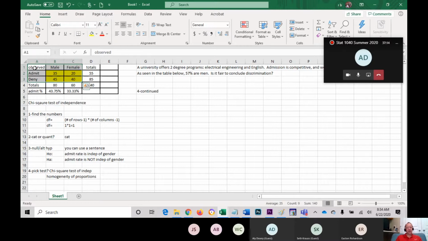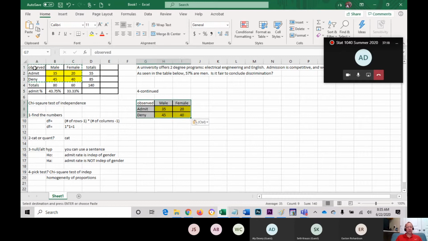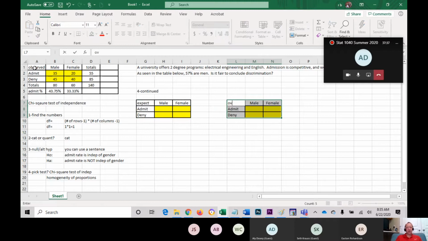Normally when I'm teaching my classes, we usually do this in Excel. And I always tell people to make 2 copies of the table. So you're essentially going to make 2 copies of the table. And I don't need the totals in there. I just need the data. So this is what we're going to call the expected table. And then the third table we're going to call is the observed minus the expected table.